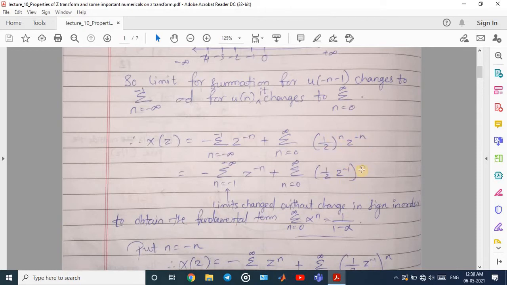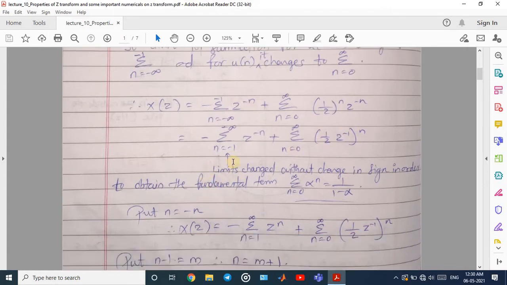We can take common power n. Also I have written here that limits changed without change in sign in order to obtain the fundamental term. We are doing this kind of modification or alteration because we need to convert our equation into this format to find a suitable solution.